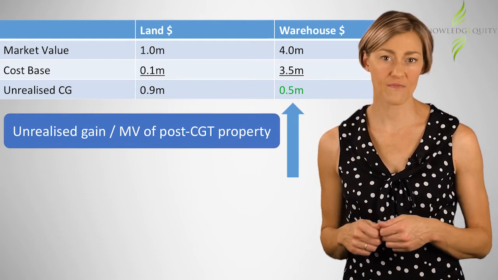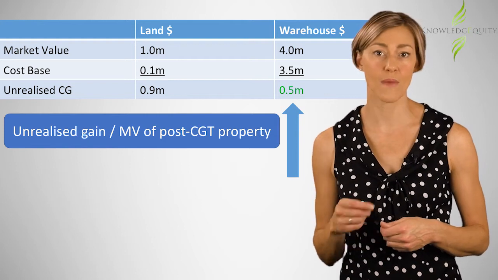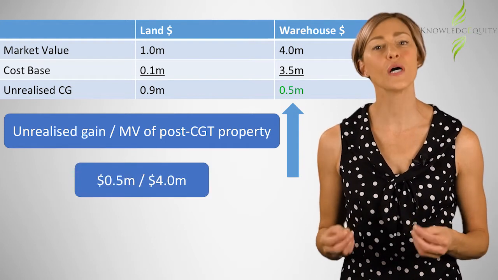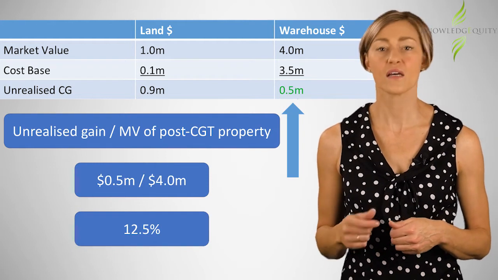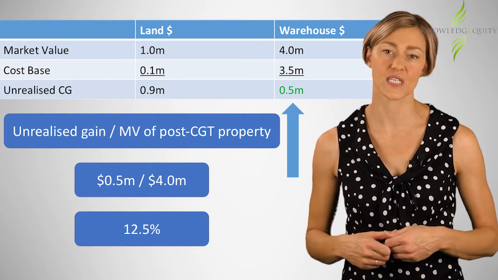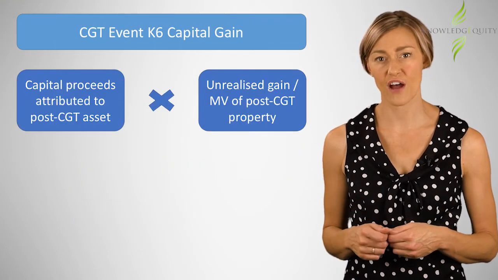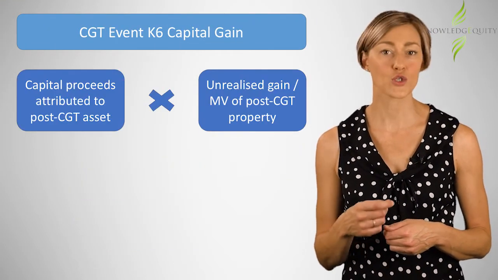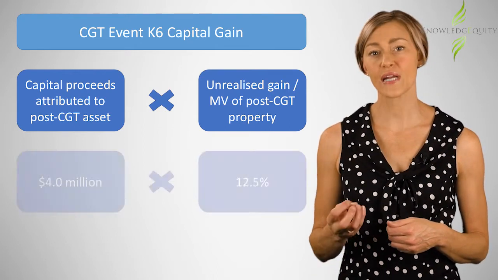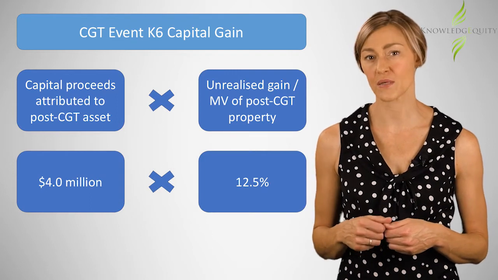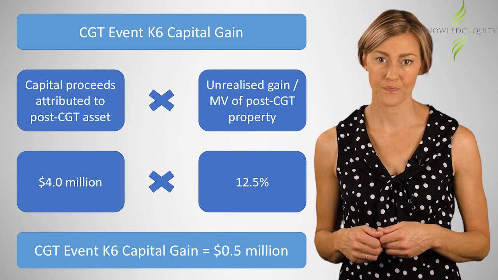This $0.5 million unrealised gain is divided by the $4 million market value of the warehouse to work out the proportion to apply, which is 12.5% of total market value of the post-CGT property. We then multiply this 12.5% by the capital proceeds attributed to the post-CGT asset in step 1. So in our example, the capital gain attributed to Paul on the sale of his shares is $0.5 million.